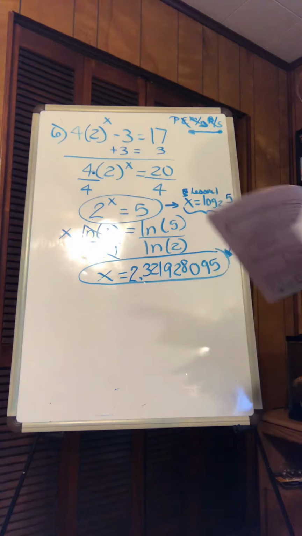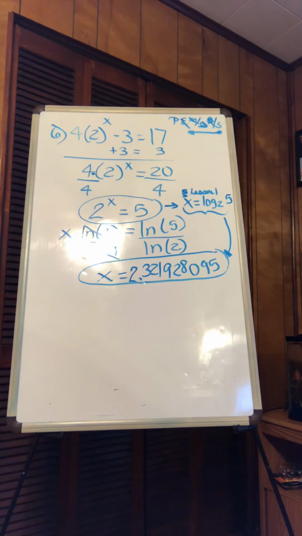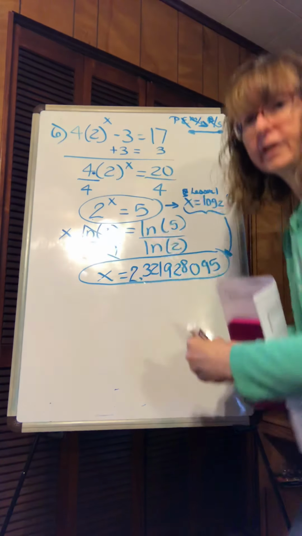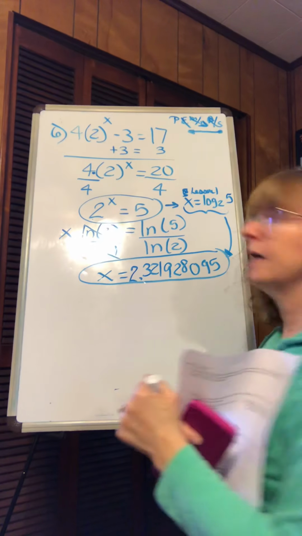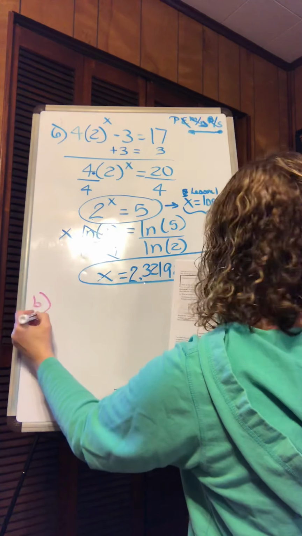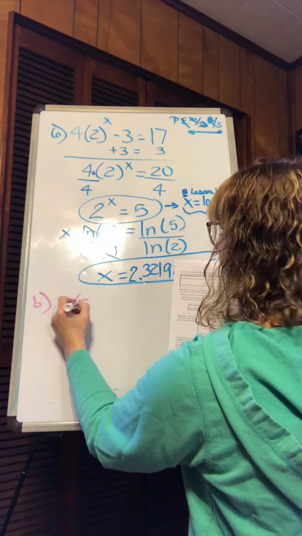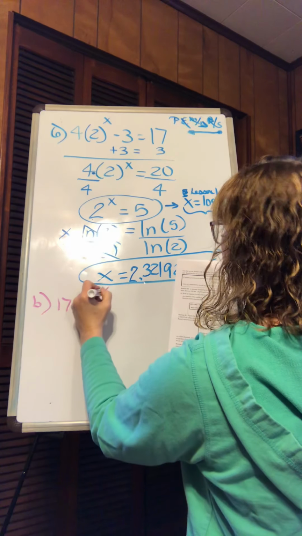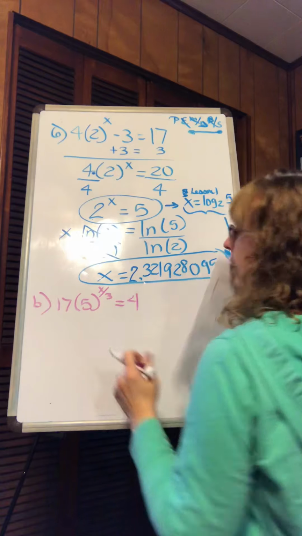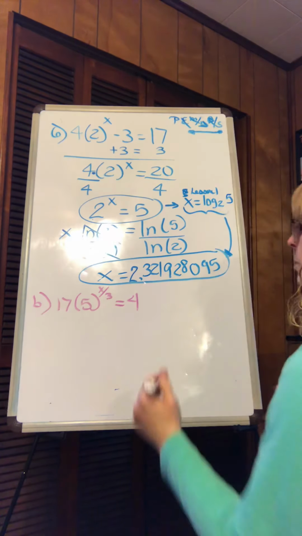Let's take a look at B. I'm just going to go down a little lower so I can write easier. So B has 17 times 5 to the x divided by 3 equals 4. So this guy doesn't look as pretty. It doesn't matter if it looks pretty or if it doesn't look pretty.